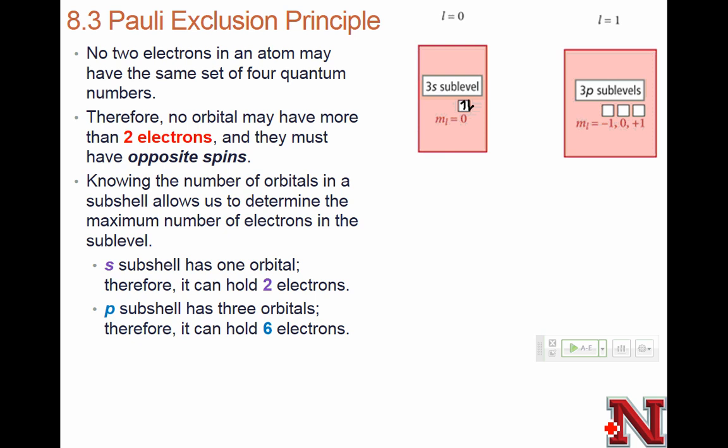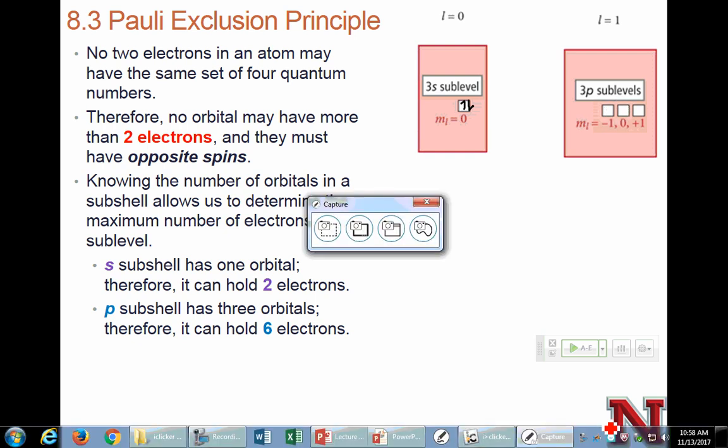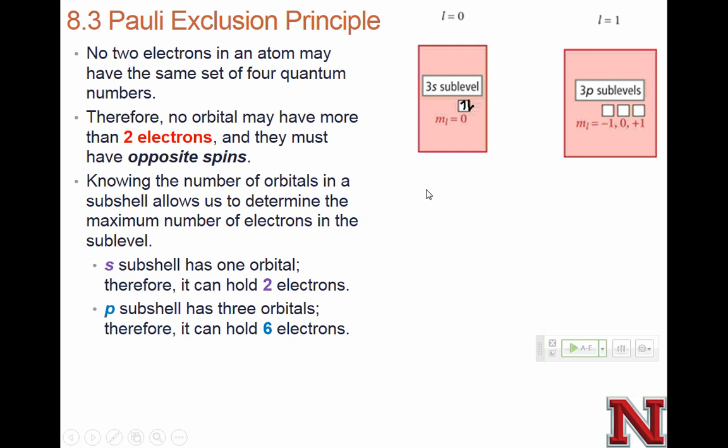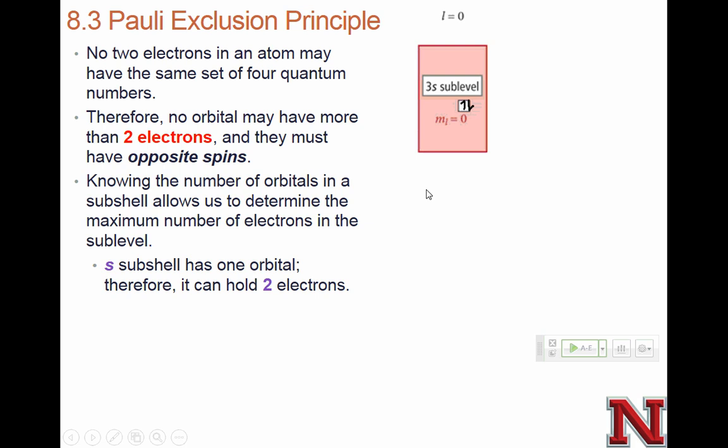If we look at L equals 1, that's our P subshell, and we have 3 orbitals, our ML is -1, 0, and +1. If this subshell was completely filled, we'd have a total of 6 electrons.